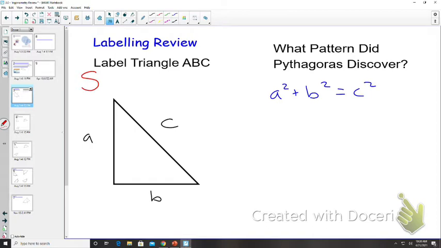We have opposite, which is always going to be opposite to the angle in question, and not the right angle. If we know this angle right here, we'll call this angle A, then our opposite is going to be side A. It's opposite from the angle that we know.